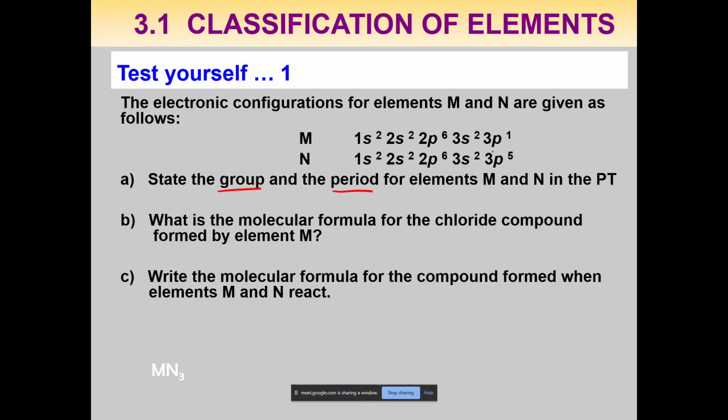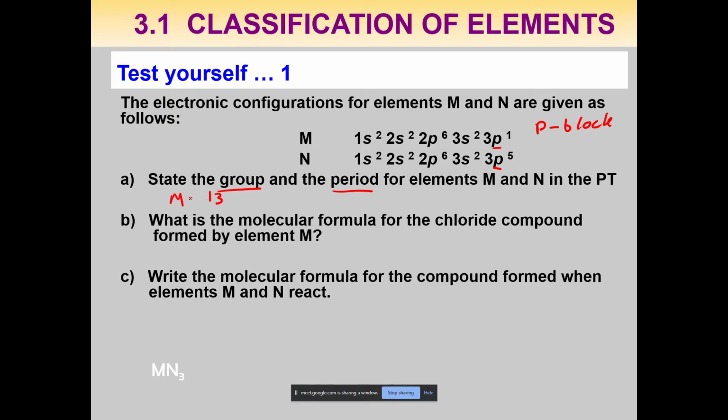So, the first thing you guys need to know is the block. Like I said earlier, P block is special. So, it is P block, so add 10. Okay, for M, what is its group? 13. It is group 13.